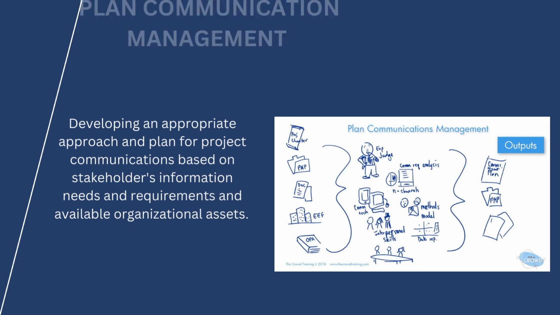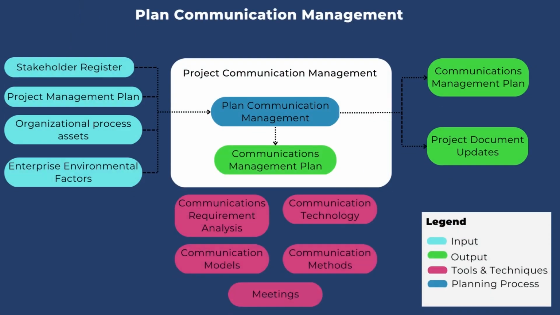This belongs to the planning process group. Stakeholder register, project management plan, organizational process assets, and enterprise environmental factors are inputs to this process. First technique used here is the communication requirements analysis, where the communication requirements of each stakeholder are analyzed and categorized.